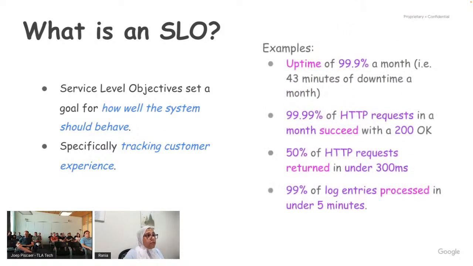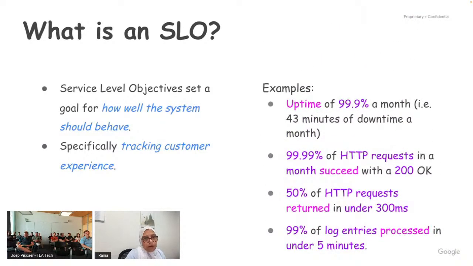Some examples that we have there: for example, uptime of a specific service, 99.9% a month. Out of that, I can expect 43 minutes of downtime per month. Or I can say the number of HTTP requests returned under 300 milliseconds.